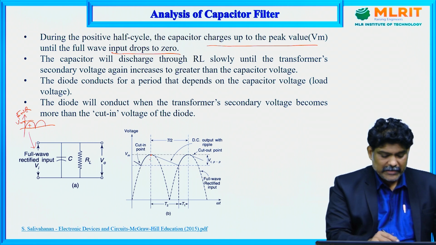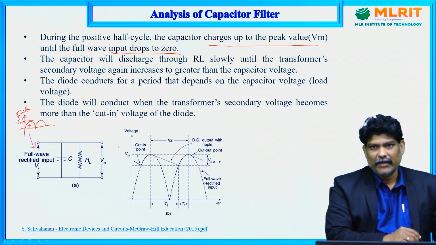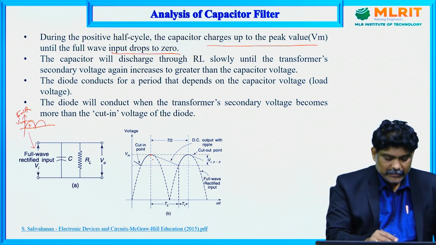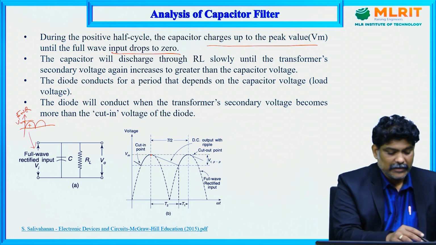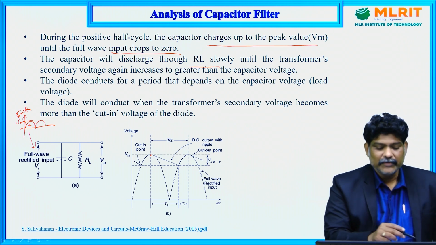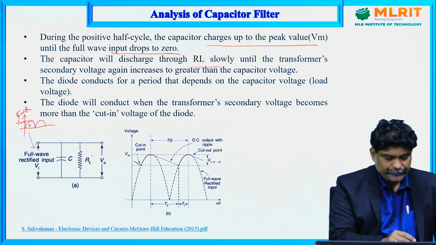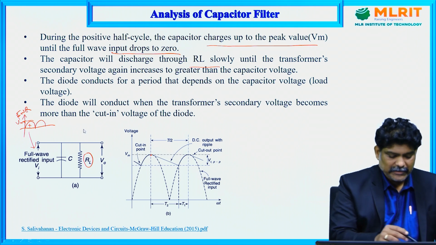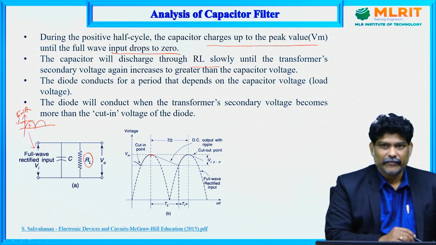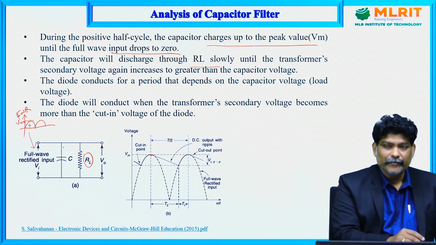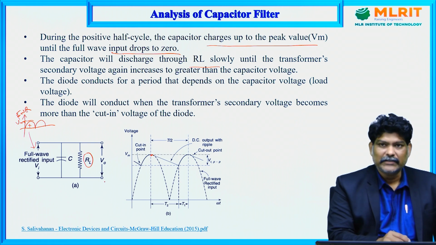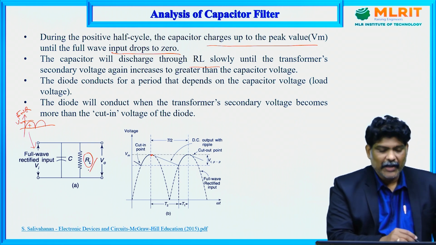The capacitor charges up to the maximum value of the input. Then during the negative half cycle, the capacitor will discharge through RL, the load resistor. So the capacitor charges in the first case, and in the second case it discharges through RL.